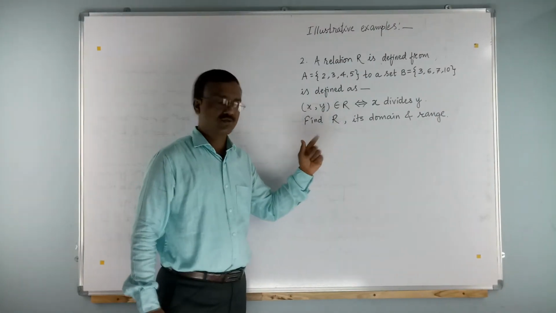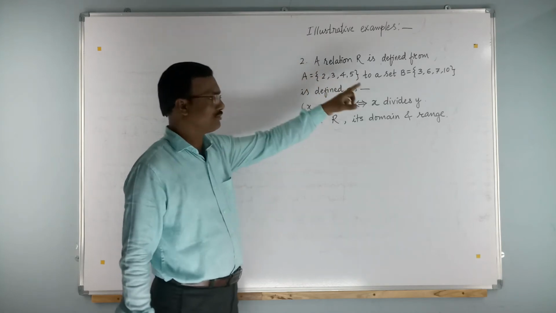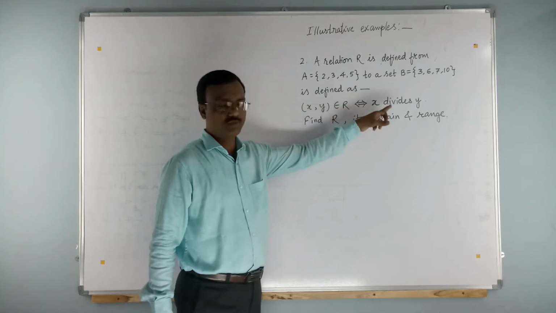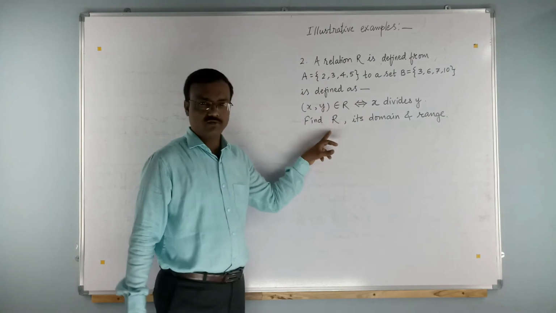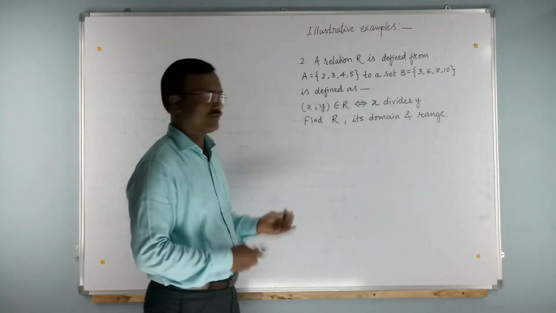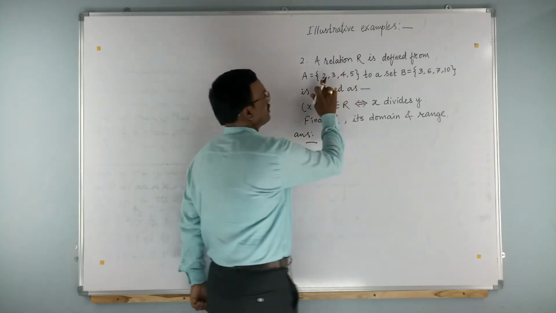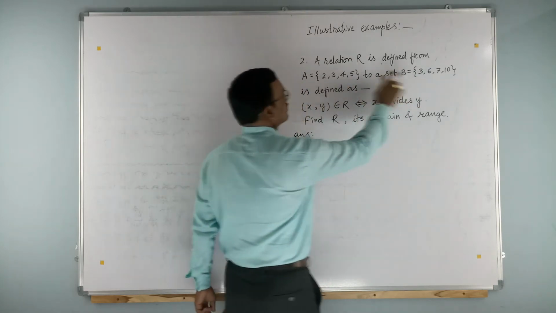Now see the second question. A relation R is defined from set A to set B. It is defined like X divides Y type, X comma Y when X divides Y. So we have to find out the relation R and its domain and range. So how to find, you see? First of all, one by one we'll see 2 divides which element of B? 2 divides 3?